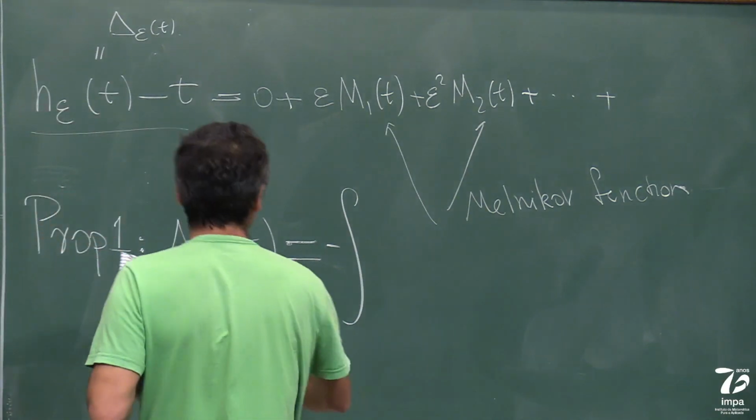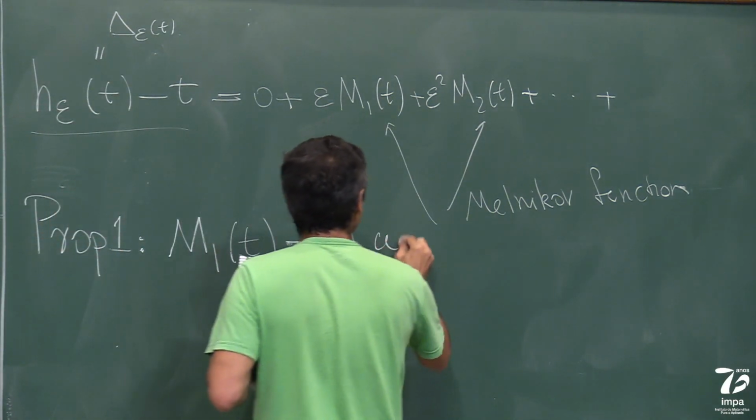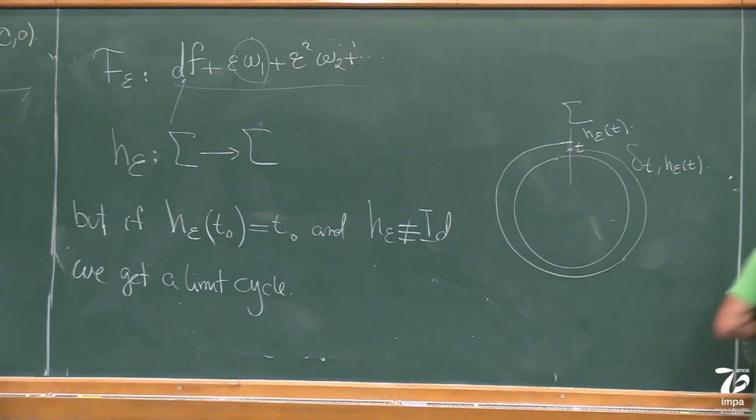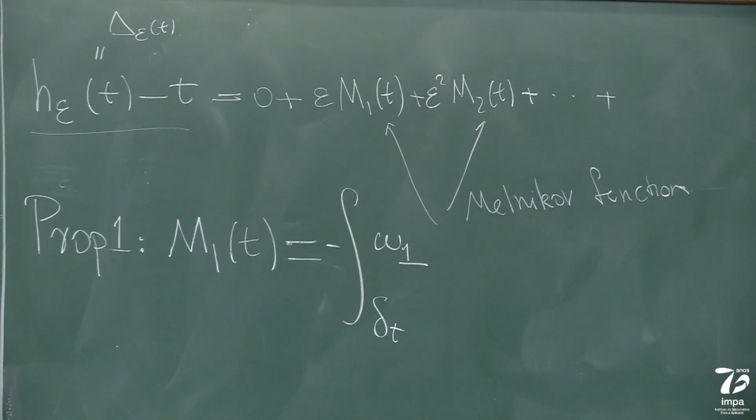Usually I orient anti-clockwise in the real context. This is omega 1, and then our delta t. So this is the first proposition. I will try to prove it, because as I said, it is mainly for students.